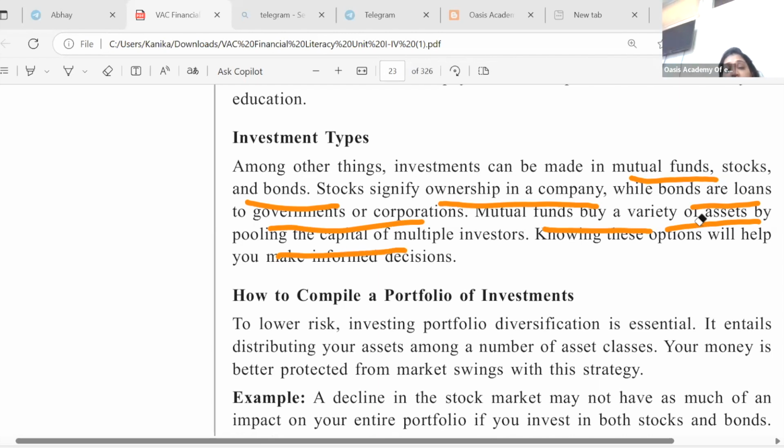They don't buy one type of asset, they buy a variety of assets and pool them in one box, and then they purchase accordingly. Knowing more options will help you make more informed decisions. This is what the different types of investments are.